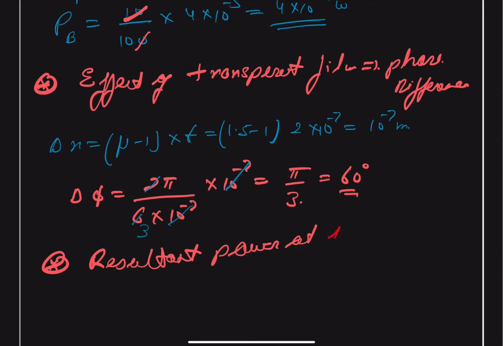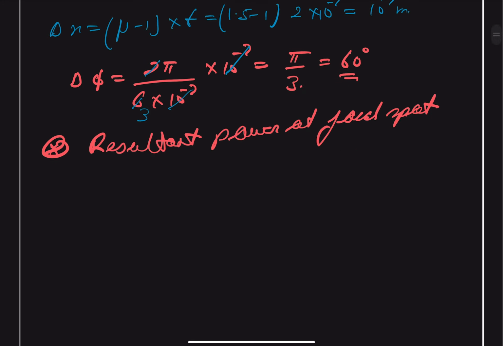So therefore, the resultant power at the focal spot, that is our P, will be equal to PA prime plus PB prime plus twice square root of PA prime PB prime, and we have cos of the phase difference.